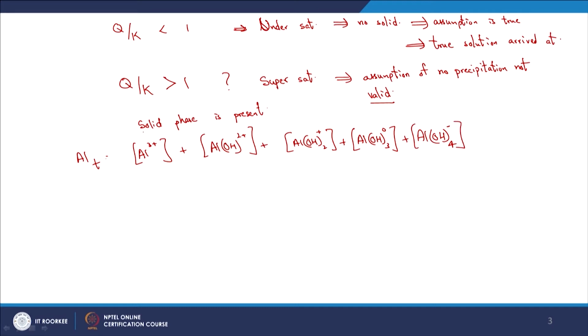But now I know that the solid phase is present, so that needs to be plugged in. Depending upon the type of solid, assume that Al(OH)3 solid is formed.